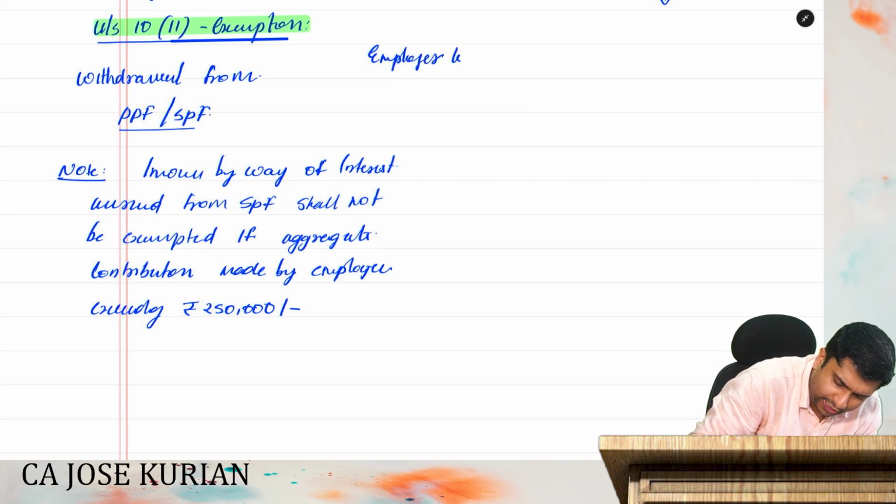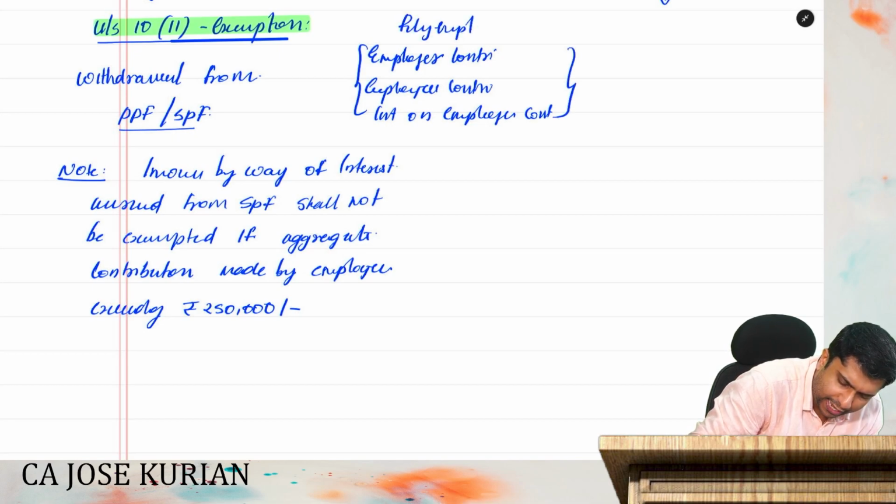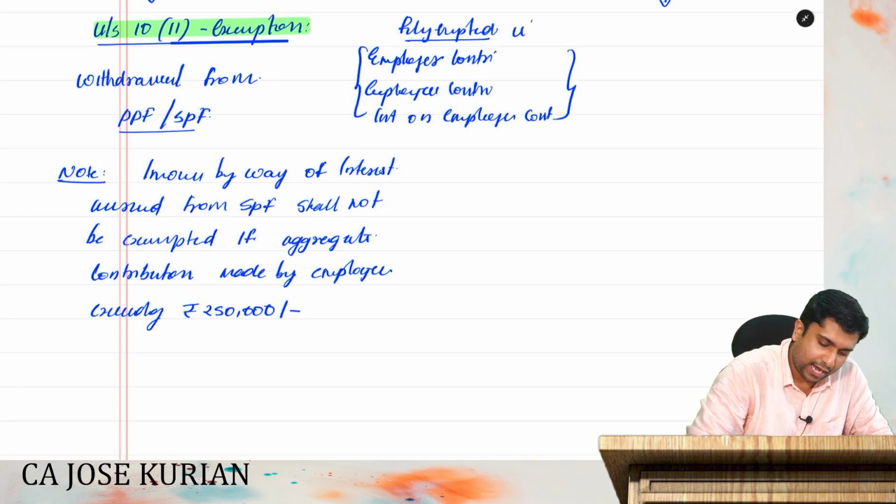Employer contribution, employee contribution, interest on employer contribution. These three components are fully exempted. There is absolutely no problem. These are fully exempted under section 10(11).